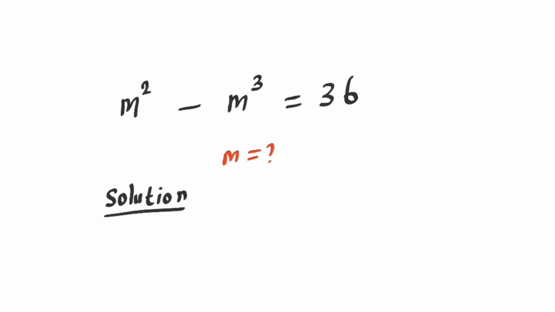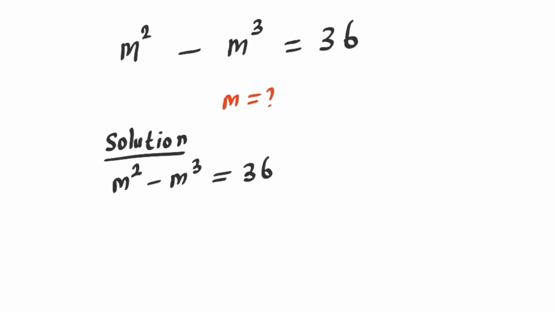We have this given equation m squared minus m raised to power 3 is equal to 36. This can be written as m squared minus m raised to power 3. If you bring this 36 to this side, it becomes minus 36 is equal to 0.